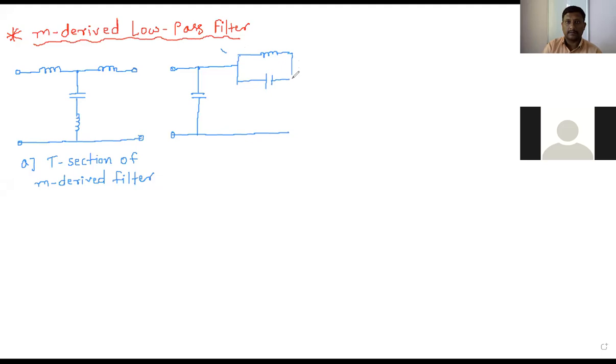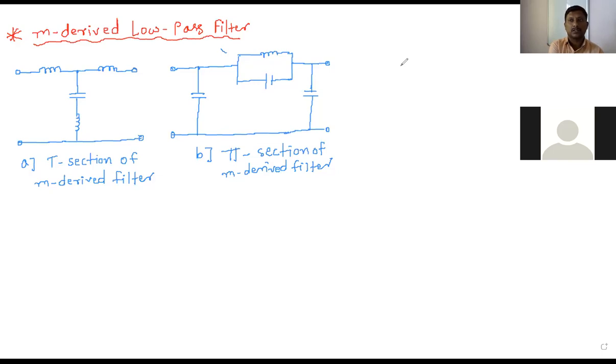The capacitor is added here in parallel with the inductor. So this is figure B, the pi section of the M-derived filter.